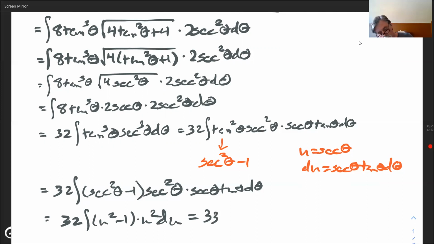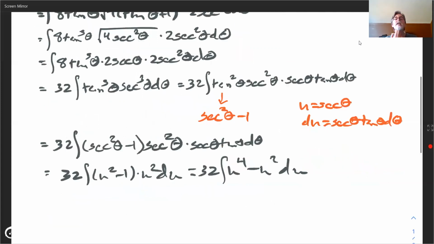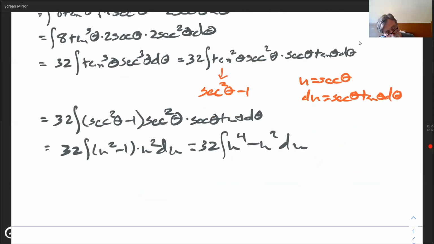32. Oh boy, it's late in the day, folks. Can you tell? So we've got 32 integral u to the 4th minus u squared du. Hip, hip, hooray. Now, integrate. We get 32.